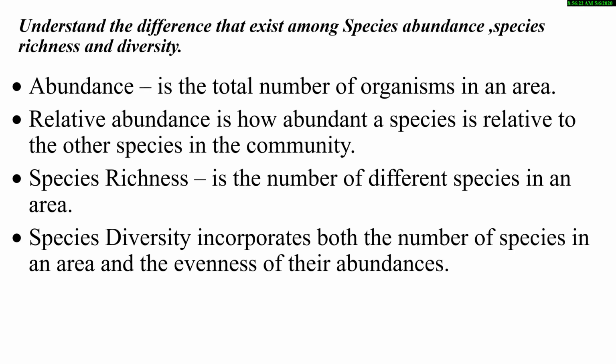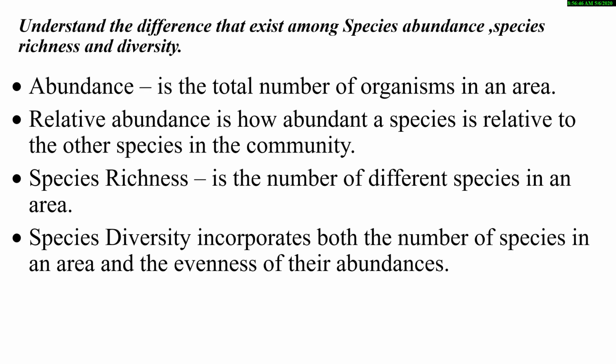It does not matter what species they are, but the total number of organisms in an area. Relative abundance is how abundant a species is relative to the other species in the community.